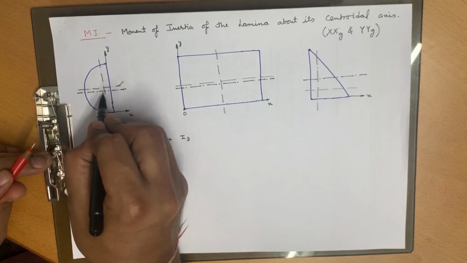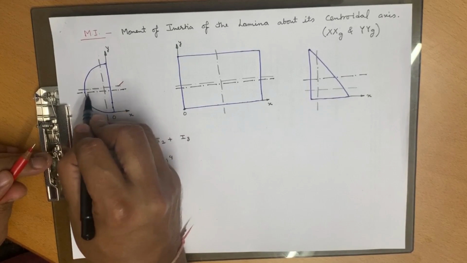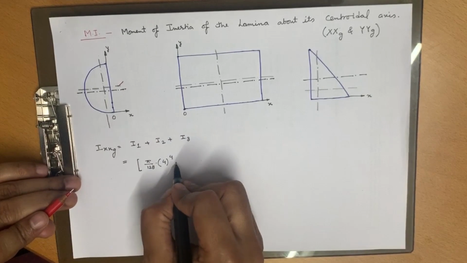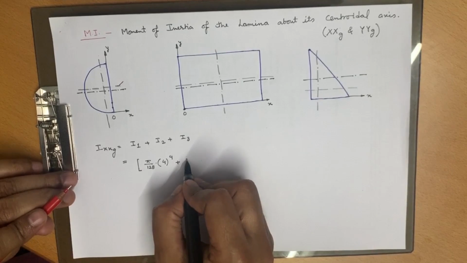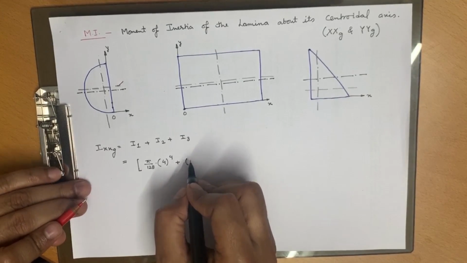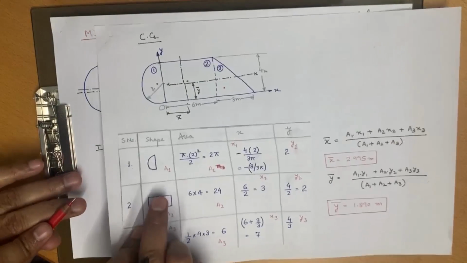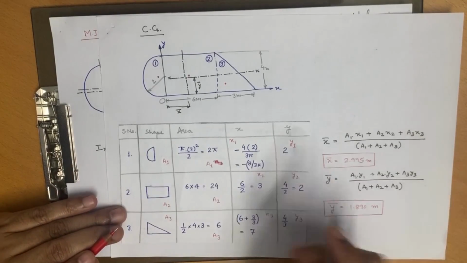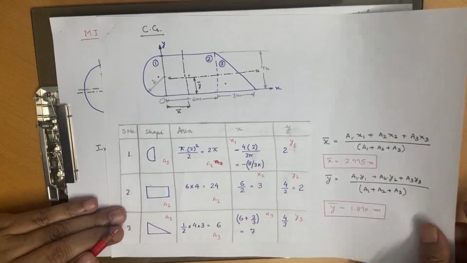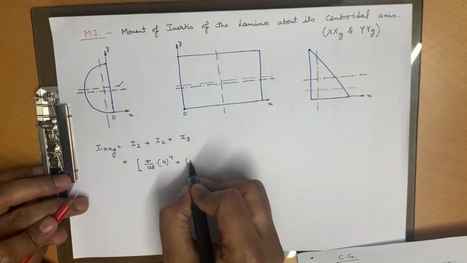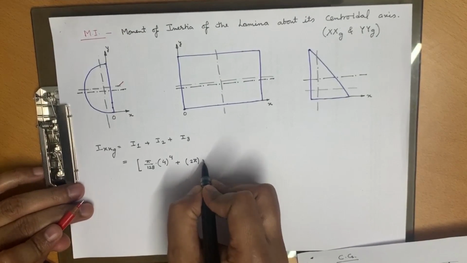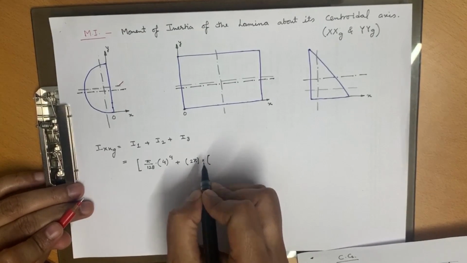So the parallel axis theorem says area of the shape, which is 2 pi, multiplied by distance.